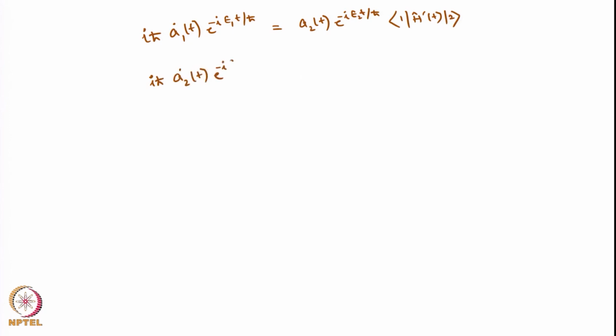So the first equation was i h bar A1 dot t e to the power of minus i E1 t by h bar should be equal to A2 of t e to the power of minus i E2 t by h bar 1 H prime of t 2, and i h bar A2 dot t e to the power of minus i E2 t by h bar is equal to A1 of t e to the power of minus i E1 t by h bar 2 H prime t 1.